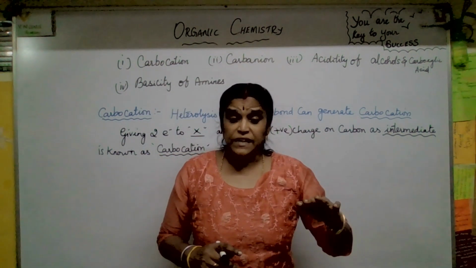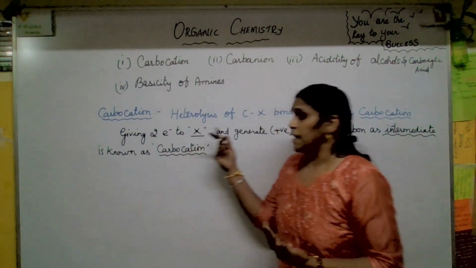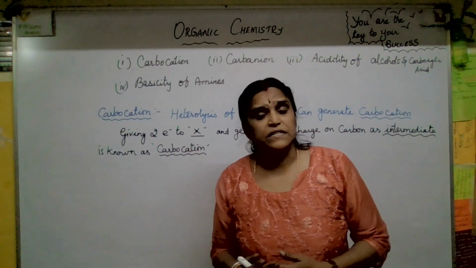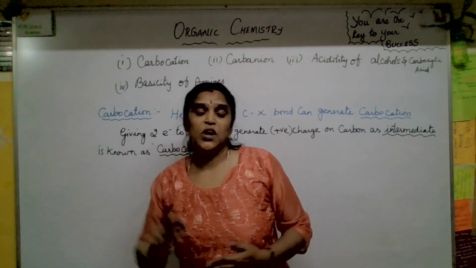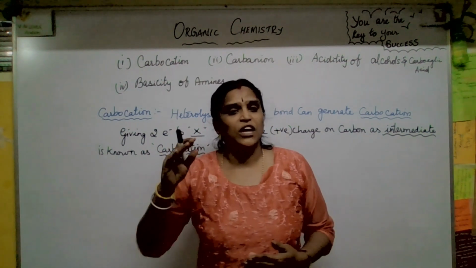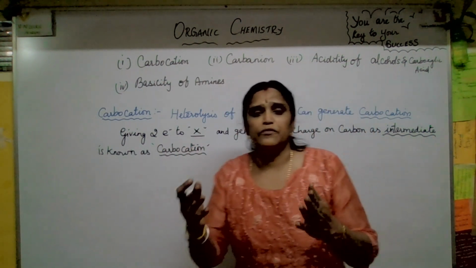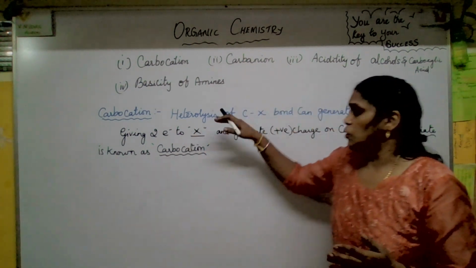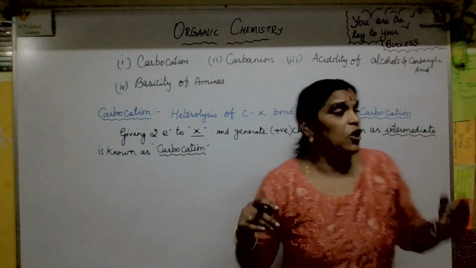Now in this carbocation, how do we get it? Here dissimilar atoms make a polar bond, we have gone through that, no? So polar bond leads to inductive effect. From there only we are collecting, that is what it has mentioned, hydrolysis. Hydrolysis means different kinds of atoms. So different kinds of atoms of carbon and halogen bond can generate carbocation.